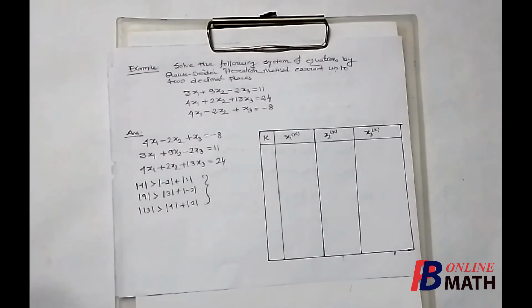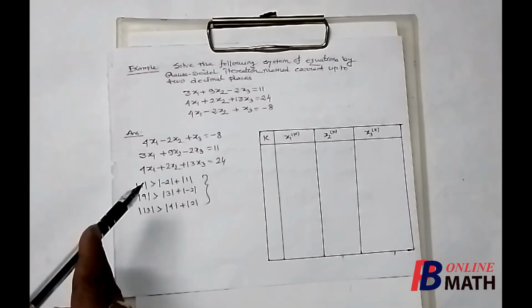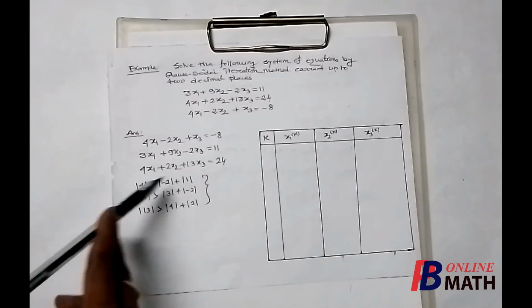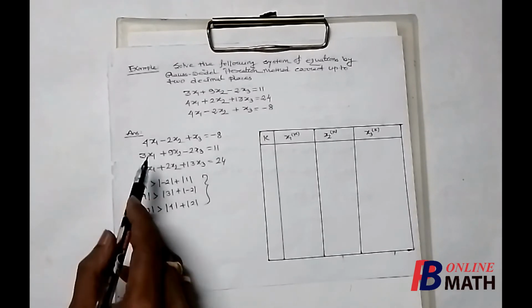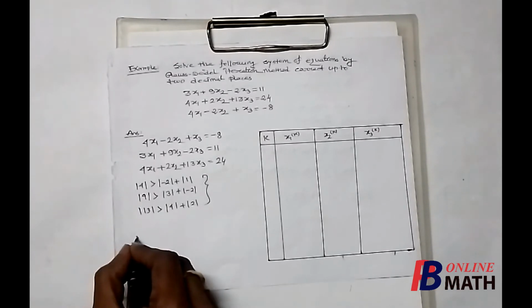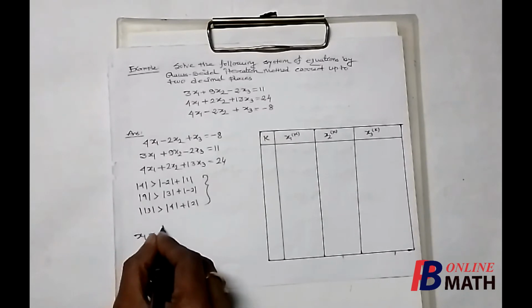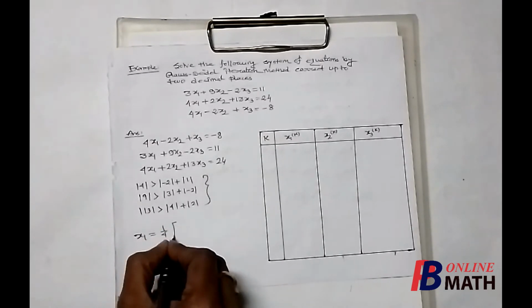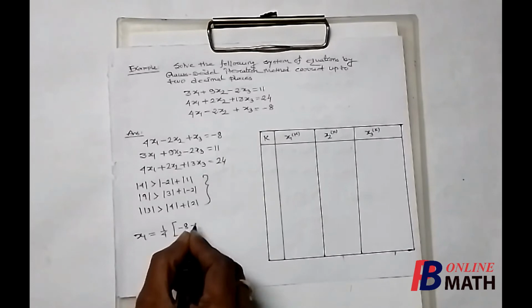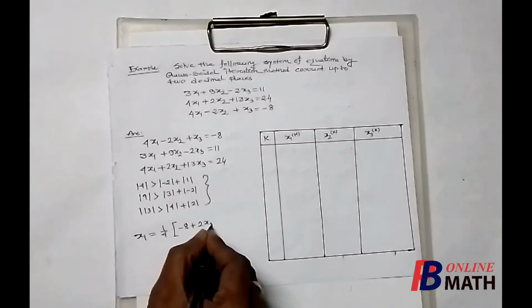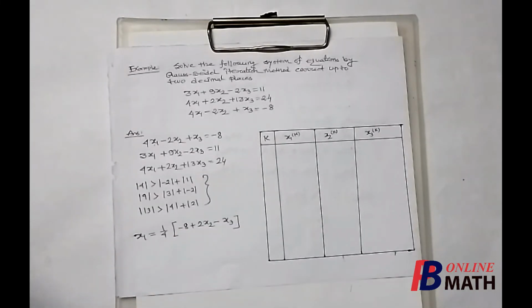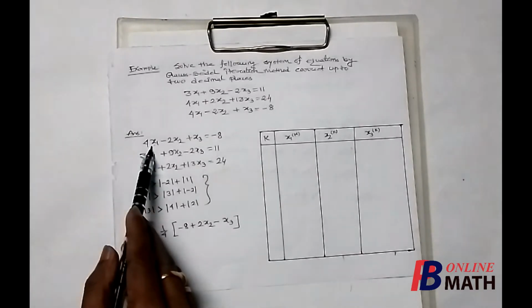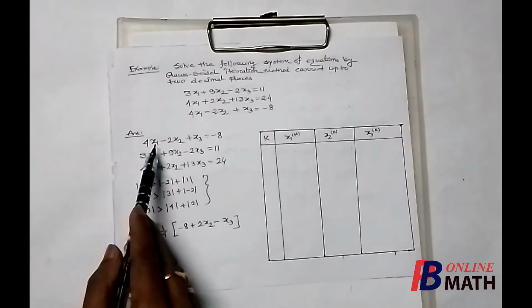So to solve this system, we need to write these equations in some defined form. That means from the first equation, we write x1 equal to 1 by 4 multiplied by minus 8 plus 2x2 minus x3. So we keep x1 on the left hand side and we take all the other terms on the right hand side.